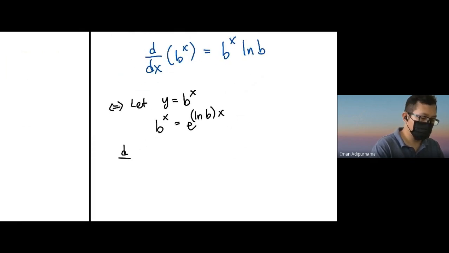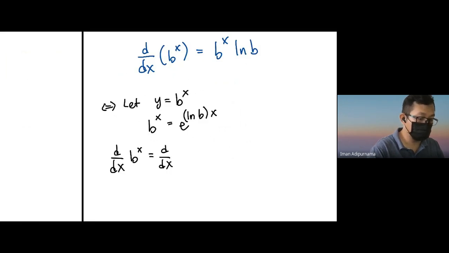And then when you have this d/dx of b to the power of x, we can set up our derivative of e. This is another way to look at it.